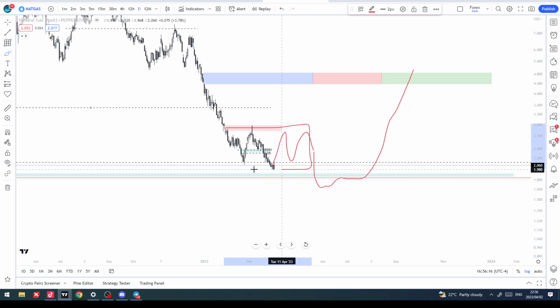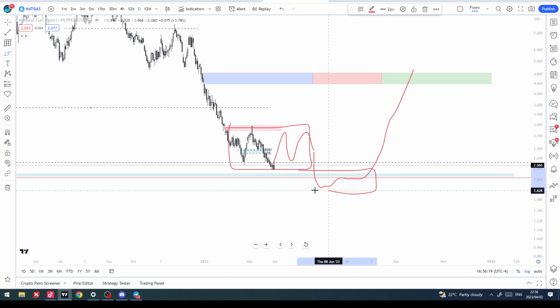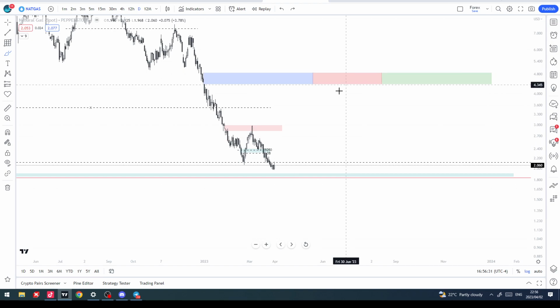Think about it in terms of boxes. There's a possibility that nat gas bases around here until August. A base would actually be better for what you want this to do after August. So from May to August is where you are going to be looking for the buys. There's no rush here. If it bases here, I'd be super bullish on nat gas. So let it do its thing.